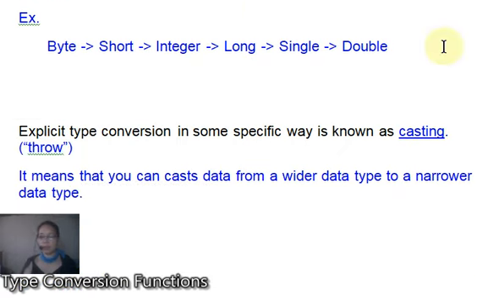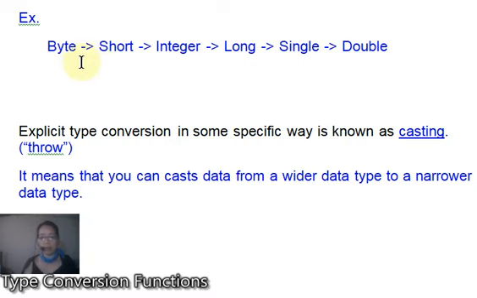These are the different data types that you can use for converting from lower to higher range value of data type. A byte is equal to 1 byte, and short is equal to 2 bytes, an integer is 4 bytes, and the double is 8 bytes.